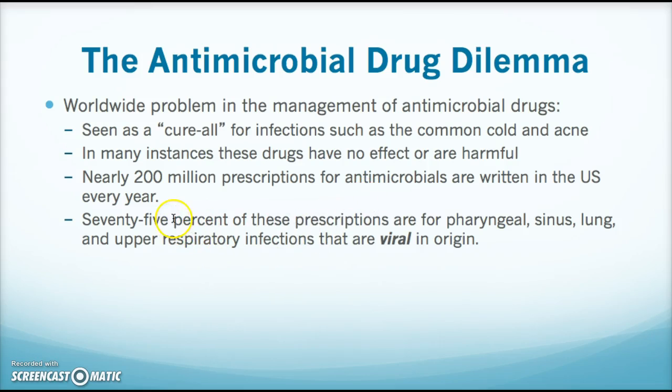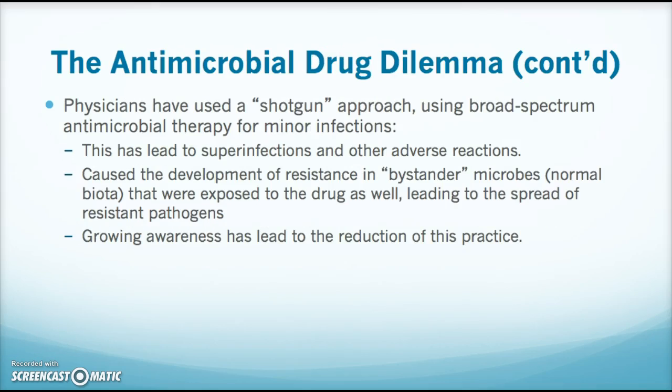The problem with this huge number is that 75% of these prescriptions are not for bacterial infections. They're generally for viral infections. In other words, they're being prescribed for something they can't even treat because a virus is not affected by an antibiotic. But we're exposing all of the bacteria in our body to those antibiotics, and that can increase the chance of drug resistance becoming a problem.